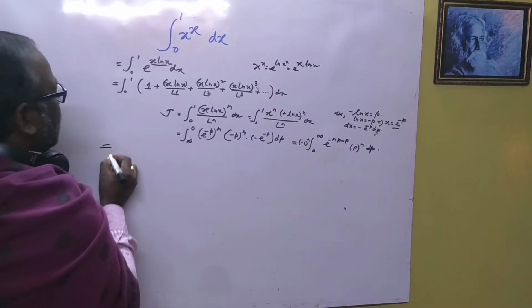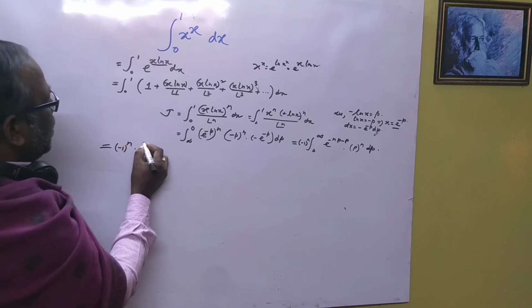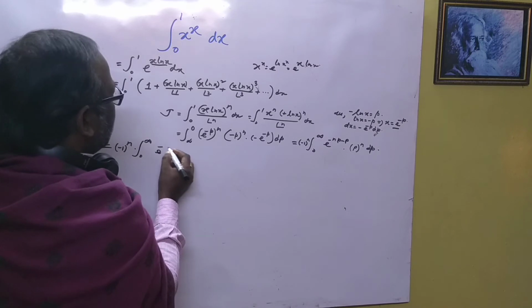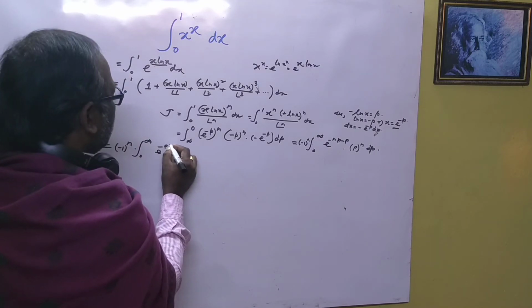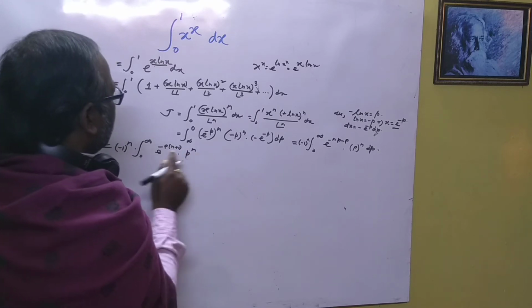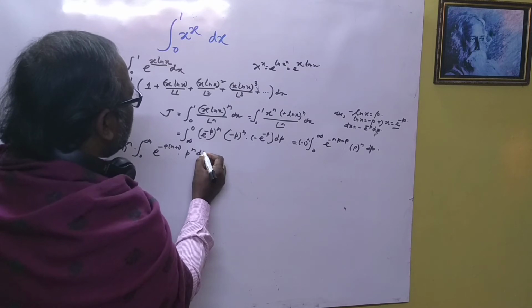We can write this as minus 1 whole to the power n, the integral from 0 to infinity of e to the power minus (n plus 1)p into p to the power n, dp.